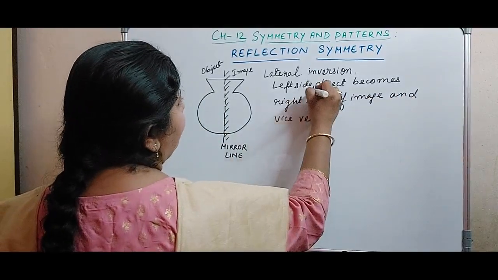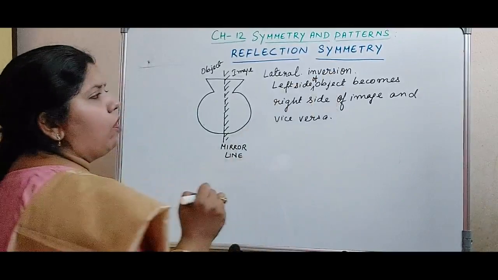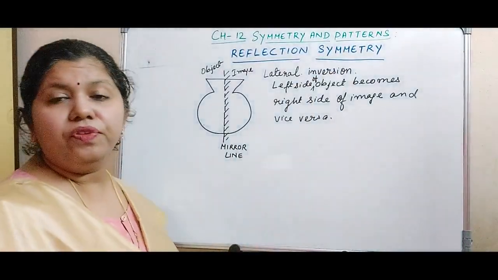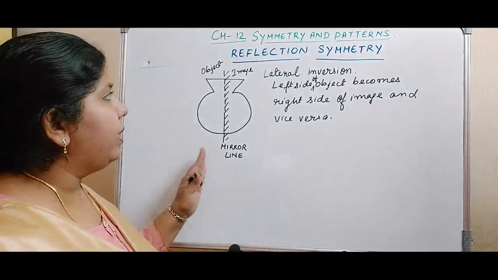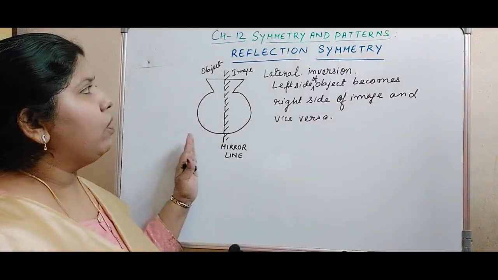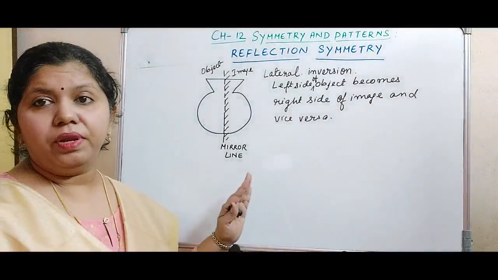The left side of the object becomes the right side of the image. This is the most important characteristic of a reflection symmetry.